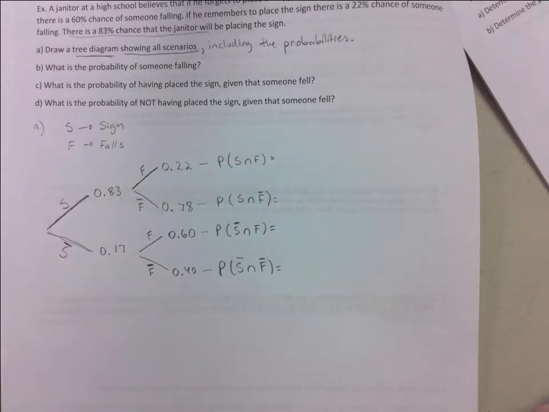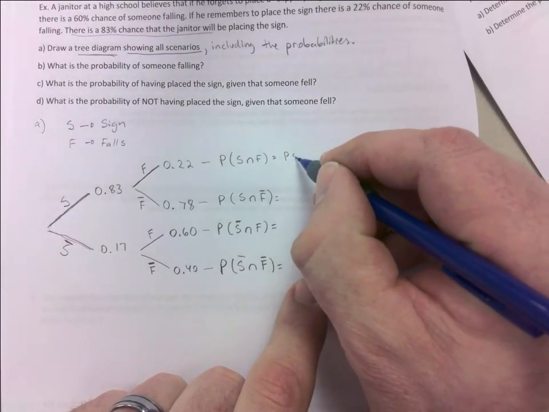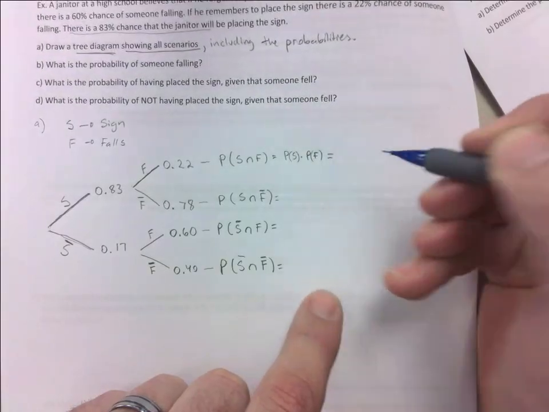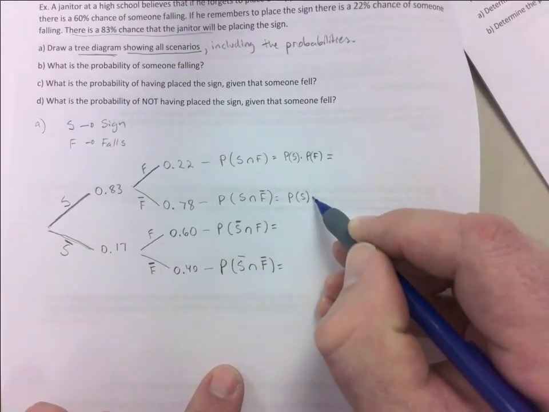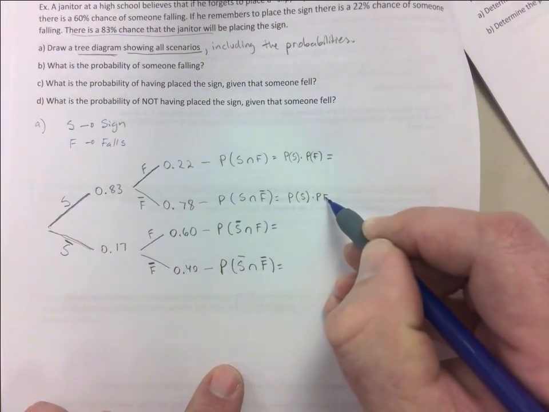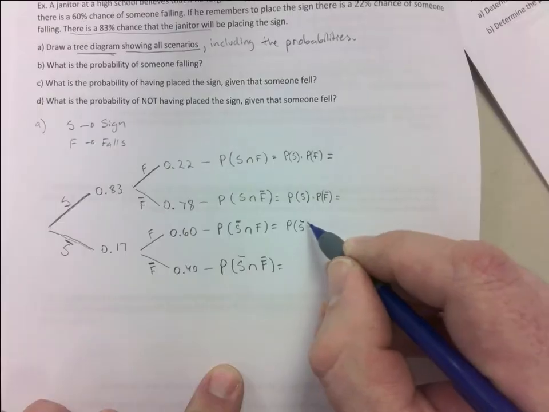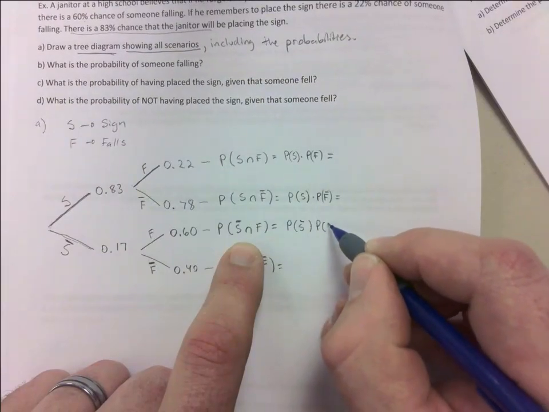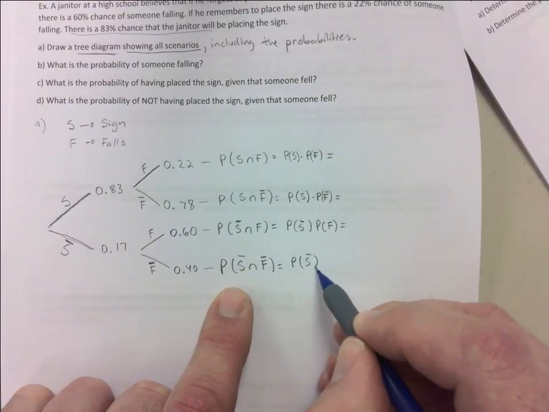I don't need you to do the following part on a test or anything like that, but I will show you that you're going probability of S times probability of F. This one is probability of S times probability of not F. Then it's probability of not putting the sign up, times probability of falling. And this one is probability of both of them not happening.